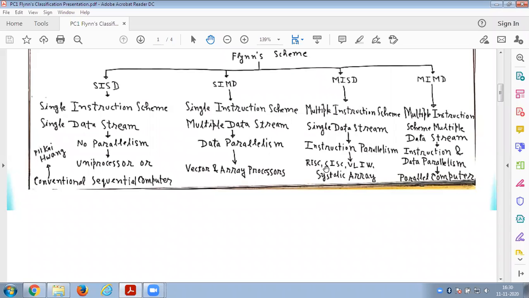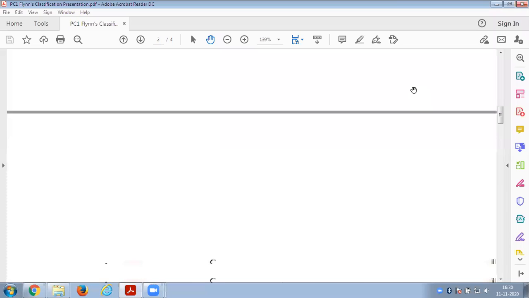No, RISC, CISC computers or systolic arrays are not examples of MISD. These are examples of instruction parallelism only. It is a coincidence that instruction parallelism is used in MISD also, but this does not mean that RISC, etc. are under the category of MISD. And all fully parallel computers, supercomputers, are in the MIMD category.